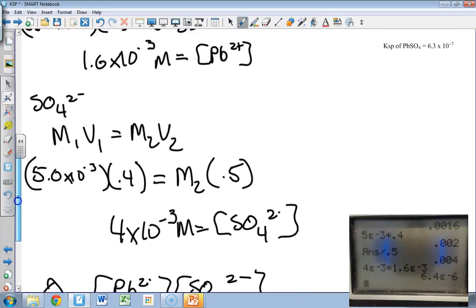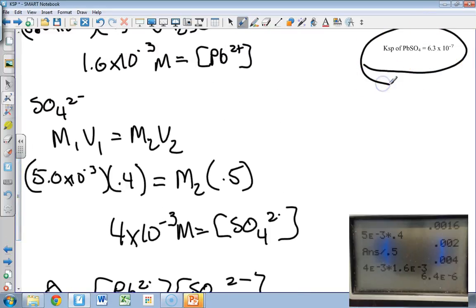Okay? Now, we compare that to Ksp. So Q in this case is greater than K. Now, I never memorize those rules, like if Q is greater than K, it shifts this way. What I know is the chemistry behind it. And the chemistry is that K and Q are trying to become equal. It's trying to reach equilibrium. So if Q is greater than K, Q has to get smaller.